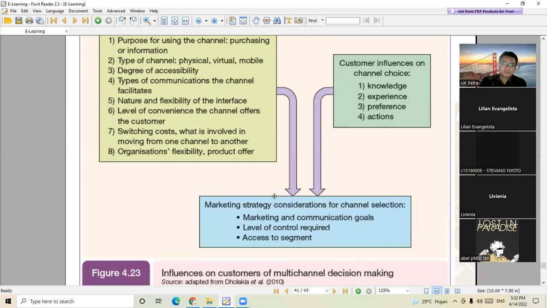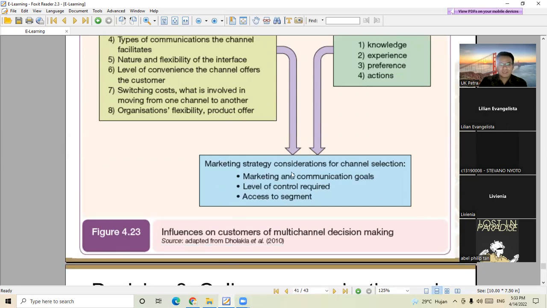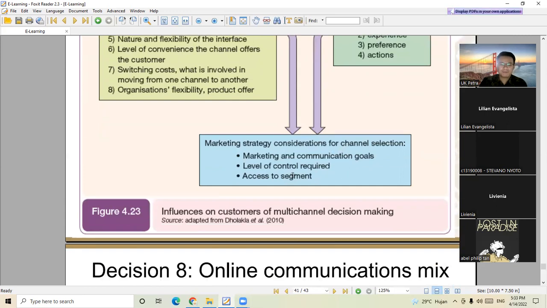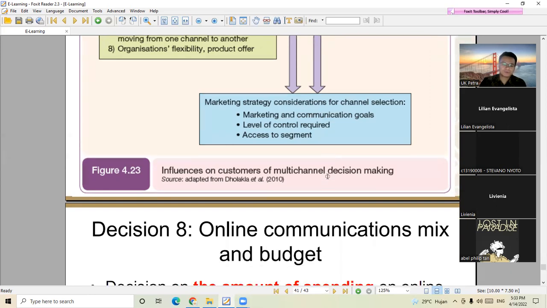The companies can use this information as a reference to make their own marketing strategies, in particular for selecting the channel, what channels they use. For instance, how they formulate the marketing communication goals, controls, the access, and so on and so forth.